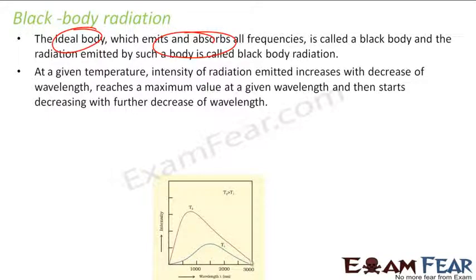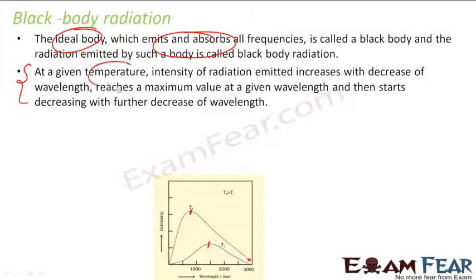For example, you start from here, the temperature is constant, you keep decreasing your wavelength. You will find that your intensity will reach a maximum value. Then again, it will go down. Same thing: you start from here, you keep decreasing the wavelength, the intensity will reach a maximum and again go down.